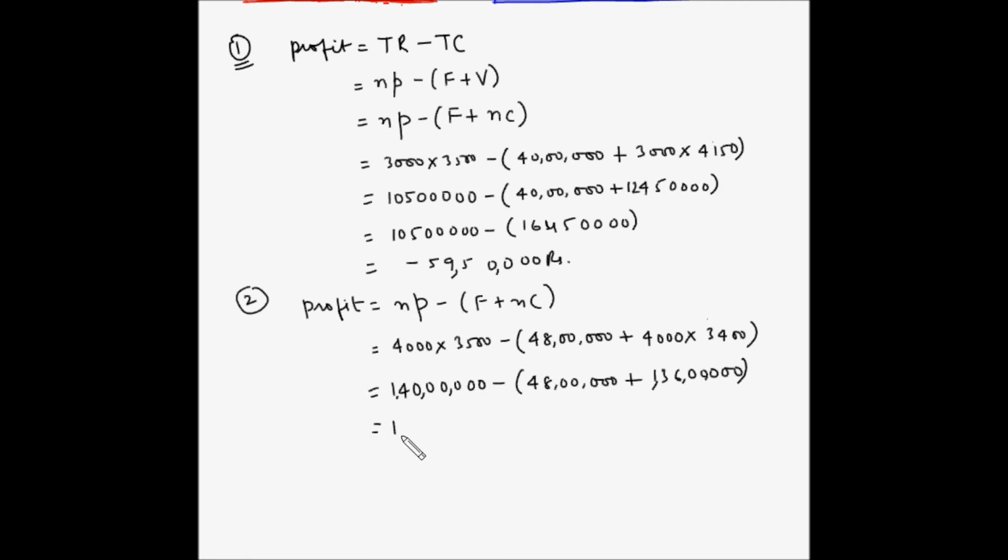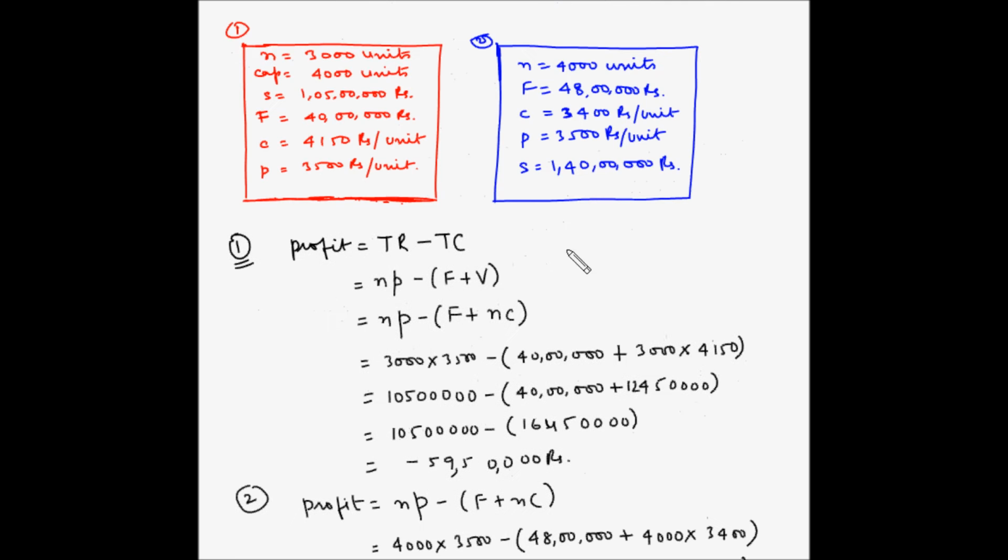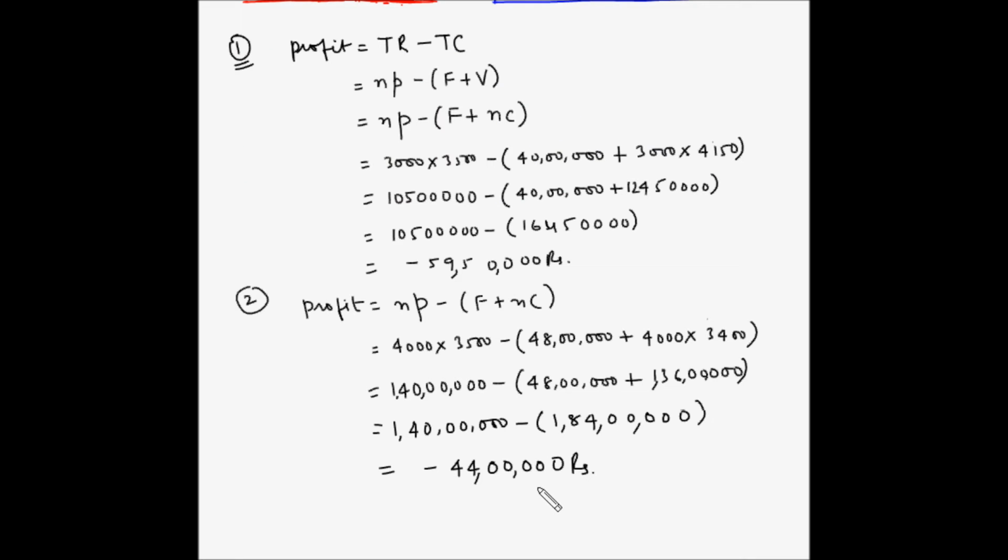So this is equal to 1 crore 40 lakhs minus 184,000,000. So this is equal to minus 44,000,000. So minus 44 lakh rupees. So in the proposed scenario, we are making a loss of 44 lakh rupees.